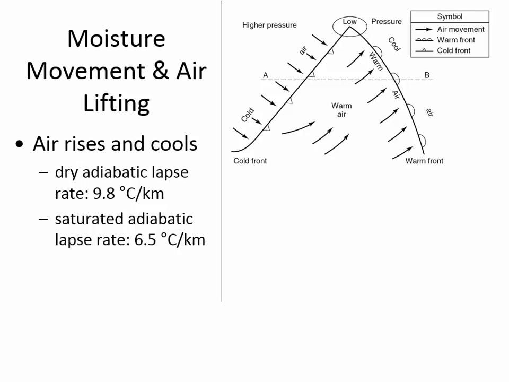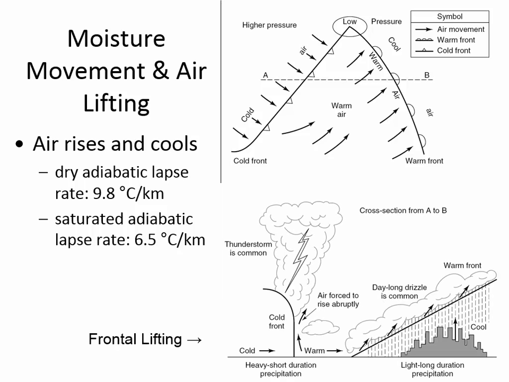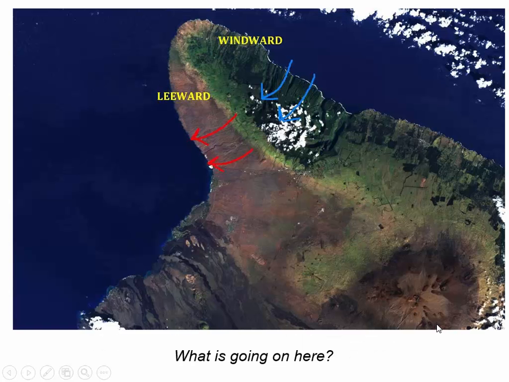So here's another illustration of extratropical cyclonic precipitation. You have a cold front pushing warm air up into the atmosphere, and then it cools off and causes precipitation.